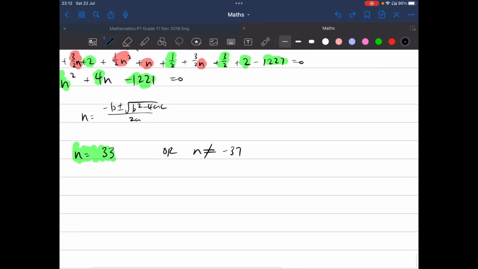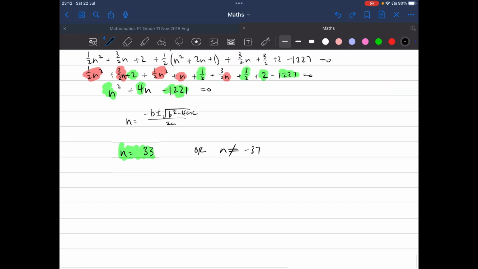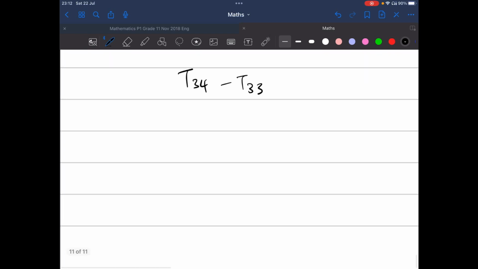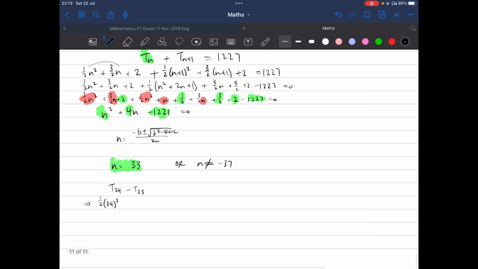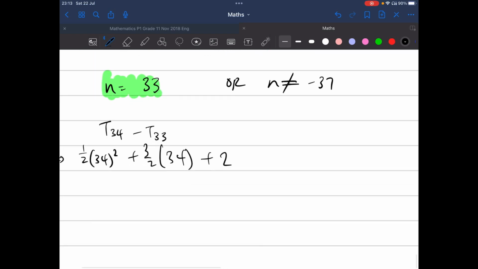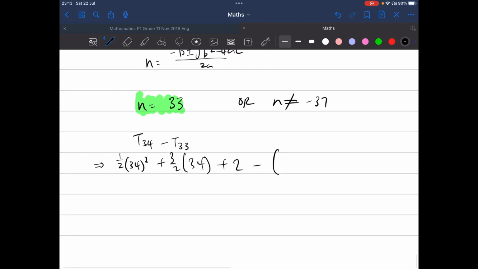So now we know which term it is, we can easily just subtract. So now we're going to say T34 minus T33. Okay, and now it's just a case of saying half 34 squared, half n squared plus 3 over 2n plus 2 minus, now the whole thing gets subtracted, right?